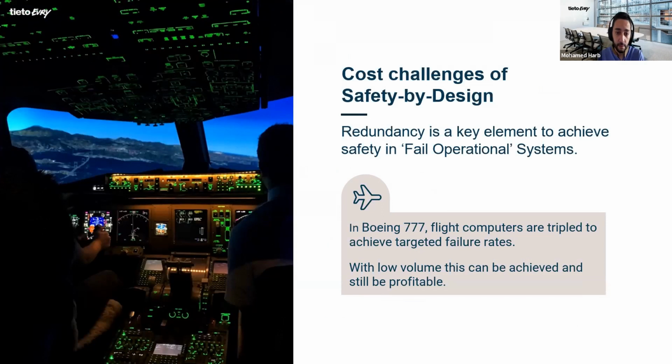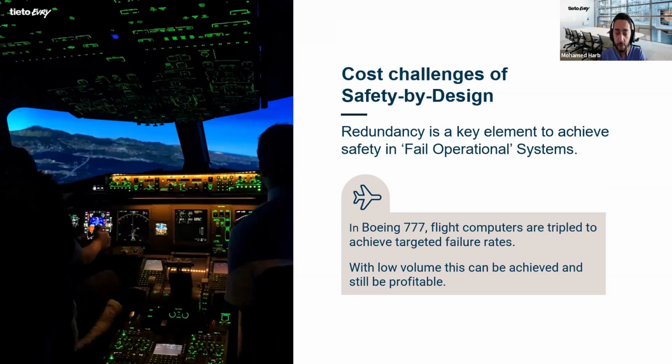Looking at avionics, which has had automated autopilot for a very long time, much earlier than automotive, for example, the Boeing 777 has for the autopilot triple systems: three systems running in parallel with three separate power supplies, three separate sensor sets and computing power.